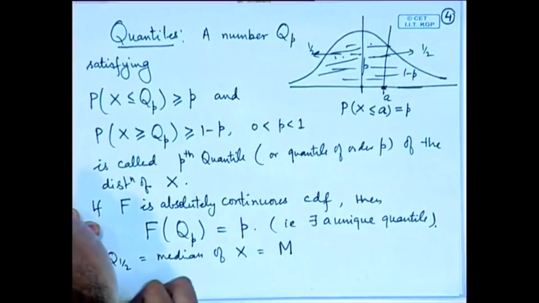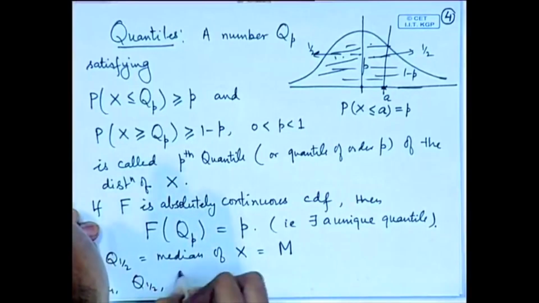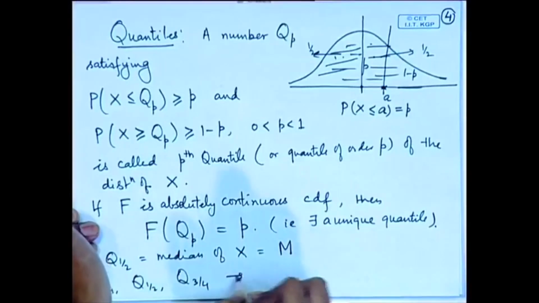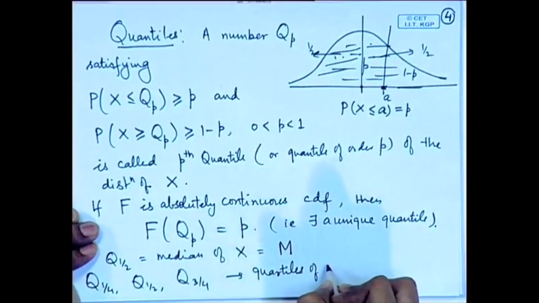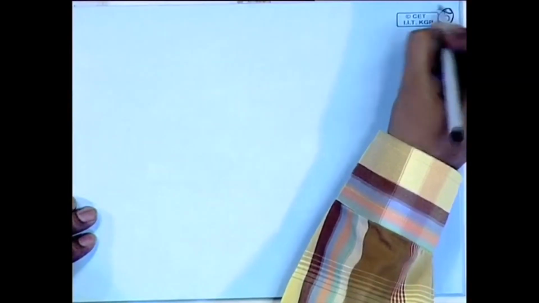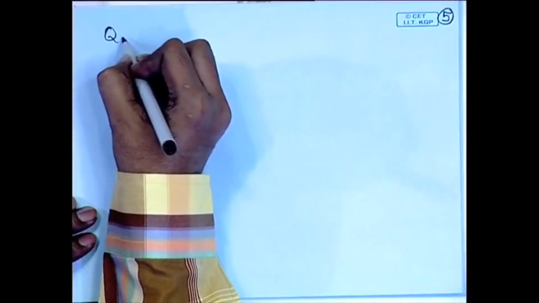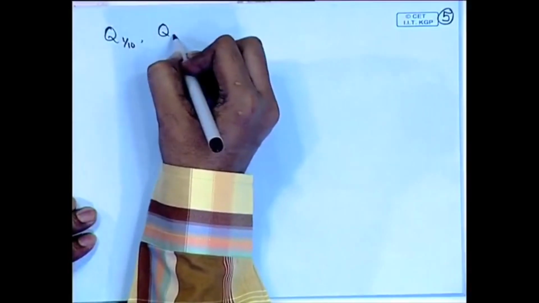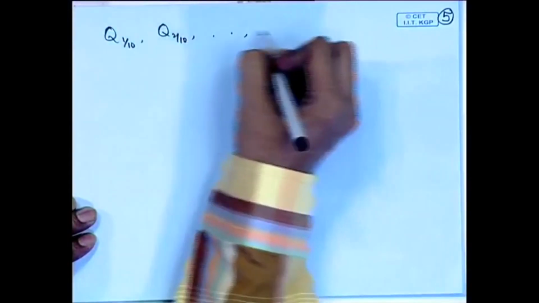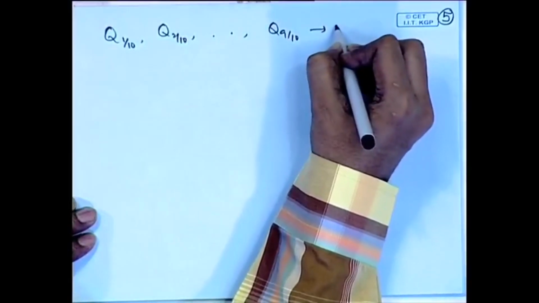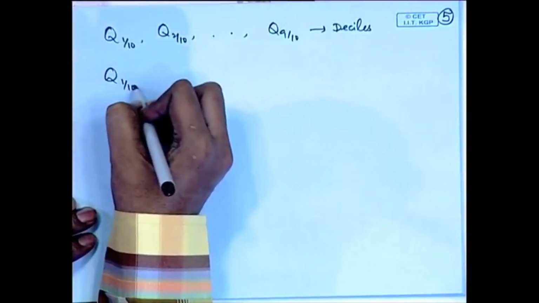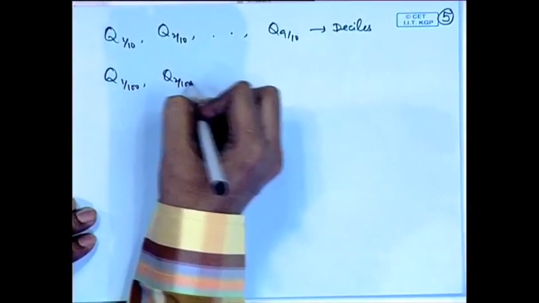Also q 1 by 4, q half and q 3 by 4, these are called quartiles of x. We also define say q 1 by 10, q 2 by 10 and so on, q 9 by 10 etcetera. These are called deciles. You can write q 1 by 100, q 2 by 100 and so on.